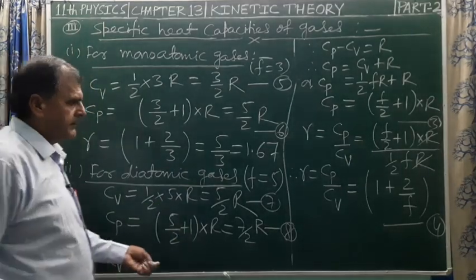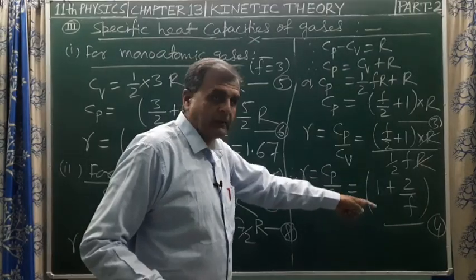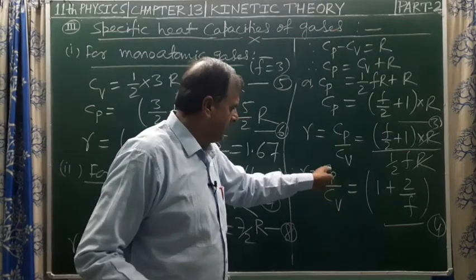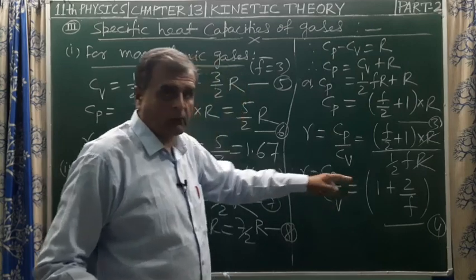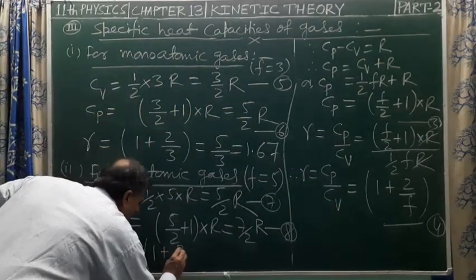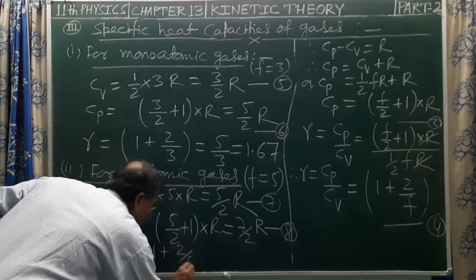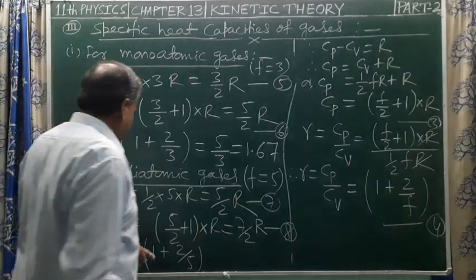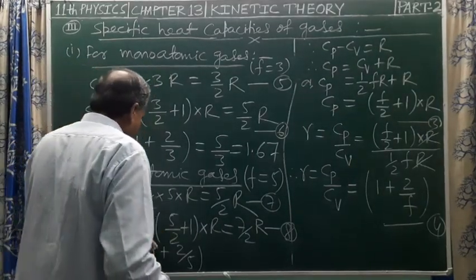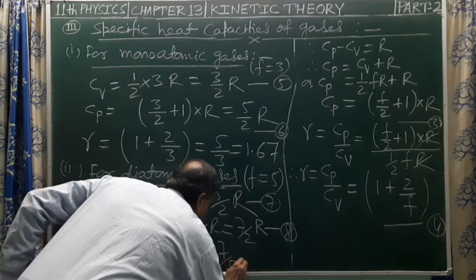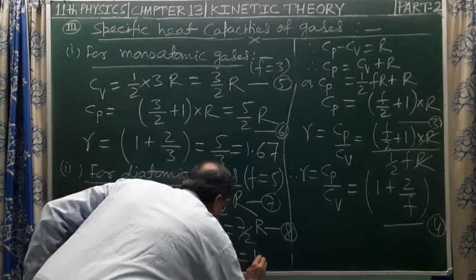Alternately, the formula for gamma, which we obtained already in equation 4, gamma is equal to Cp by Cv is equal to 1 + 2/F. Using this formula, F is equal to 5, the total degrees of freedom for a diatomic gas, so it is 1 + 2/5, that is 7/5, and it is 1.4.